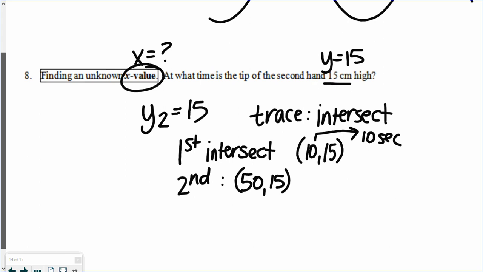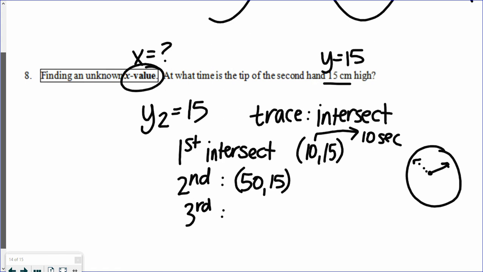Thinking about a clock, at 10 seconds, it's going to be there. Same thing at 50 seconds. It's going to be at the same height, and then we'll have the repeat. This doesn't correspond to our period because it hasn't gone all the way around. So our third one should be 60 seconds after the first.